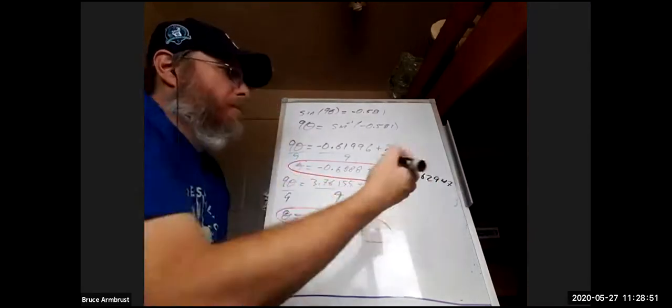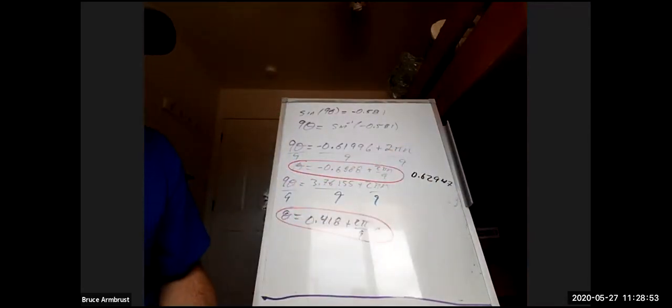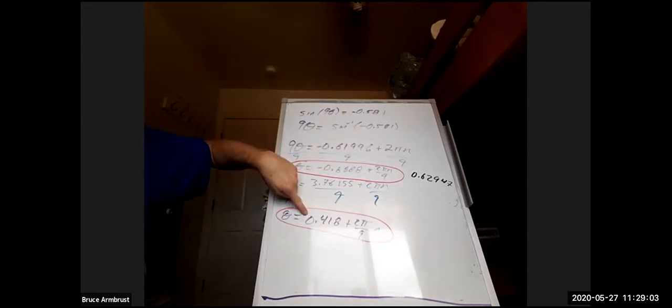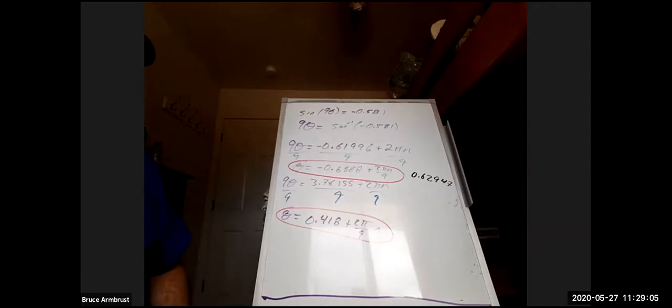So the next one, if I let n equal 1, I get 0.62947, and so on. I'm not going to bother putting n equals 2 because I already know that this is going to be bigger than this positive number, so it's not going to be one of my first two.